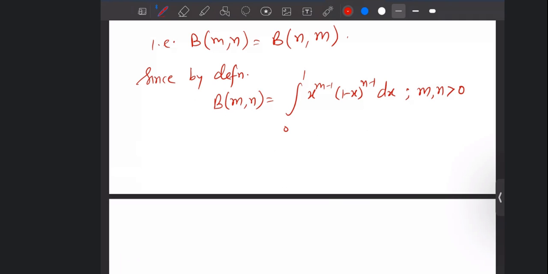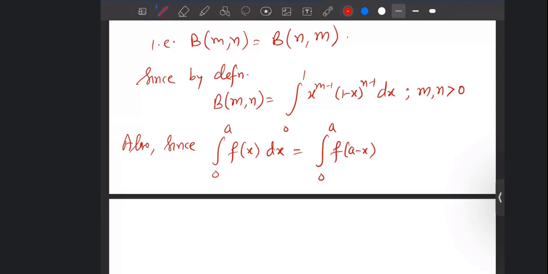Also, as per a property of the definite integral, the integration from 0 to a of f of x dx is equal to the integration from 0 to a of f of a minus x dx.